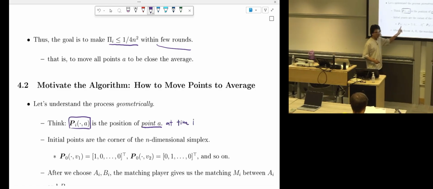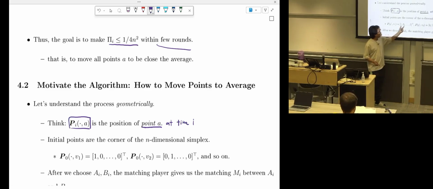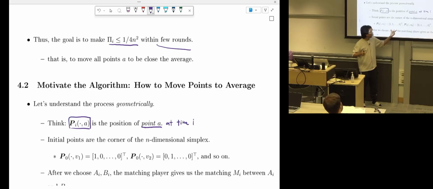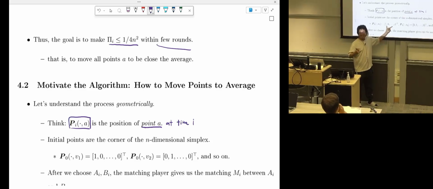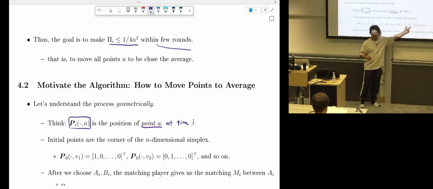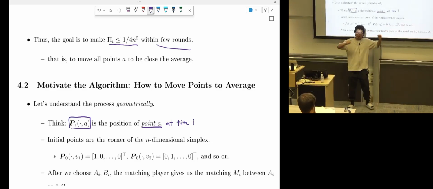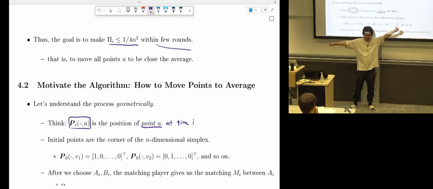Initially, at time 0, each point is at the corner, it's just an elementary vector: 1 here and all 0, 1 here and all 0, and so on. So it's far away from the all-1/n vector. It's at the corner of the simplex.